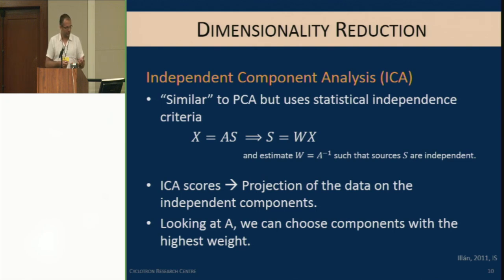So here the matrix X would be my images, all my images stacked together. A is the mixing matrix, and S is the sources. So I would try to find the matrix A and then invert that to find this W, such that each of my components is statistically independent from the others. So it's not the same as being orthogonal.